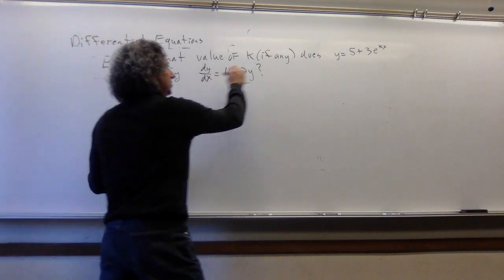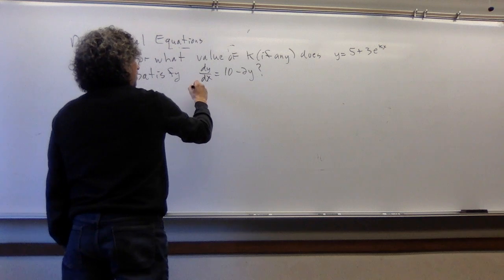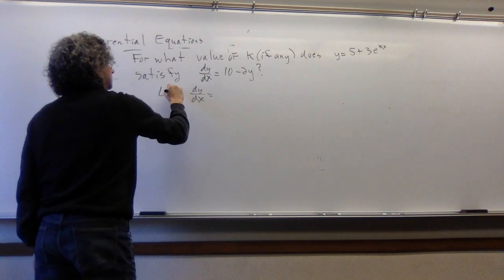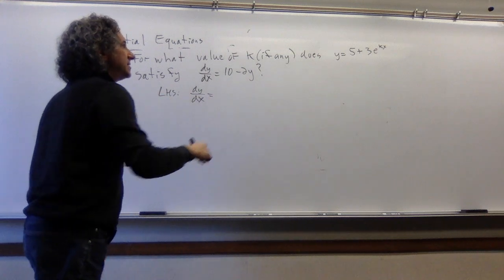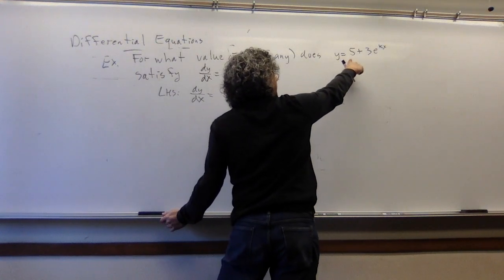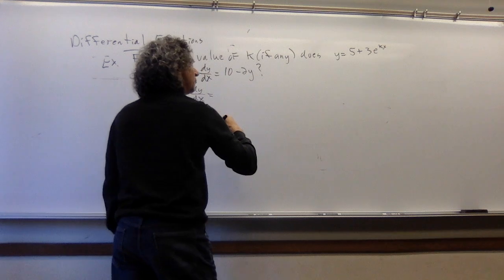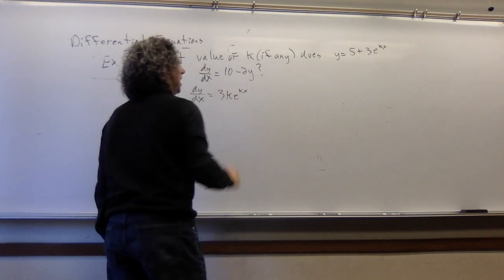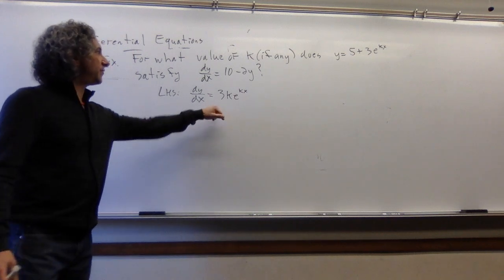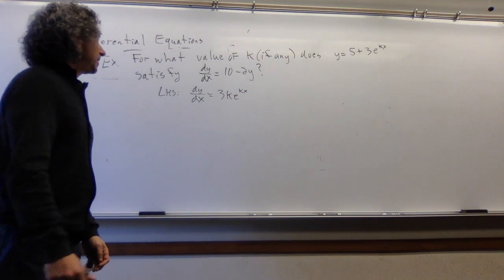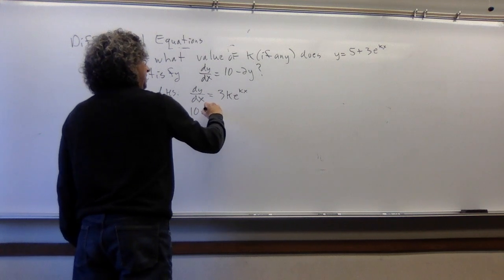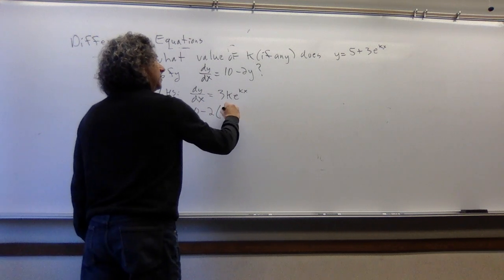All right, so we need to take the derivative of this. So dy dx will be the left-hand side. Dy dx is just, well, the derivative of 5 is 0. The derivative of 3 e to the kx is going to be 3k e to the kx, using the chain rule there, and the 3 goes along for the ride. The right-hand side is 10 minus 2y.